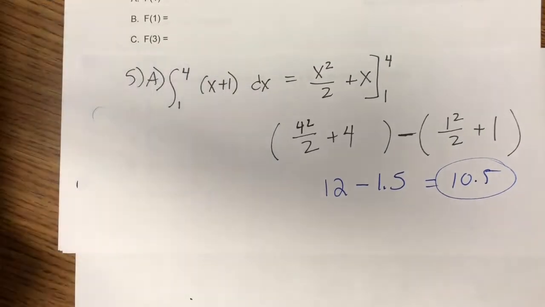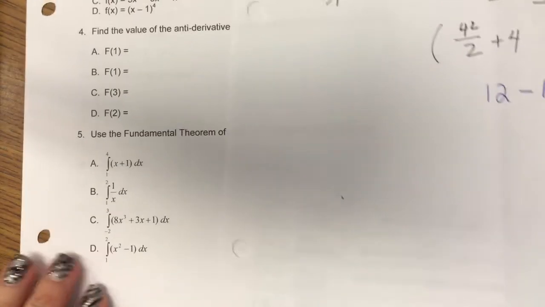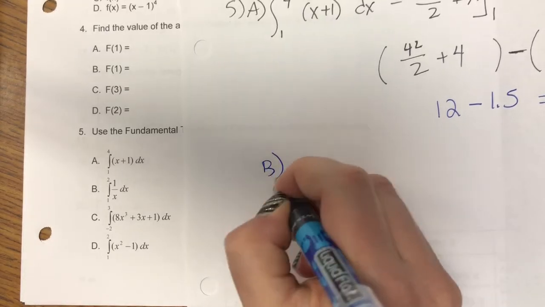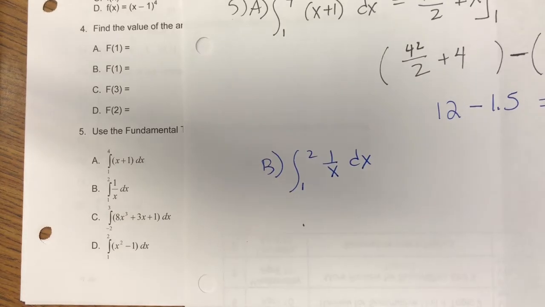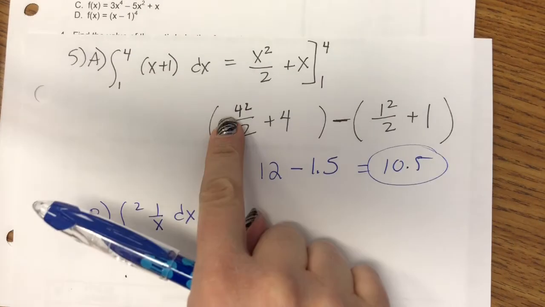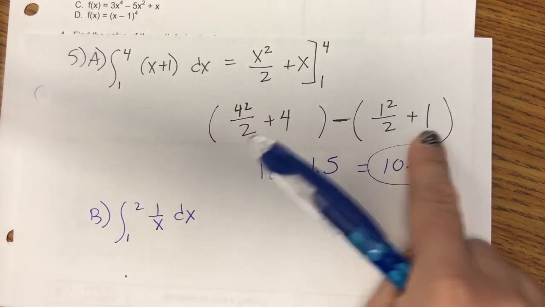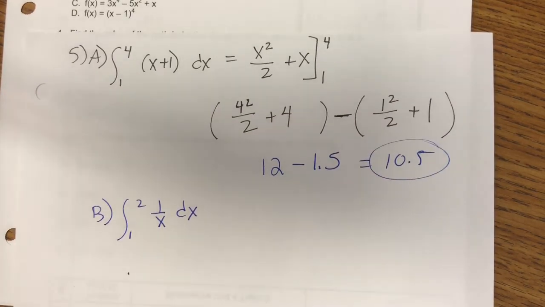So you could check with the fnInt and actually have the calculator calculate it for you. But if it says use the fundamental theorem, I need to see the antiderivative, see the values plugged in, and see the final answer.